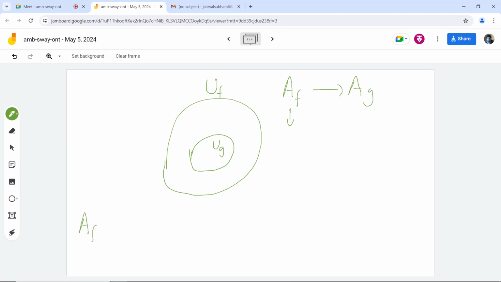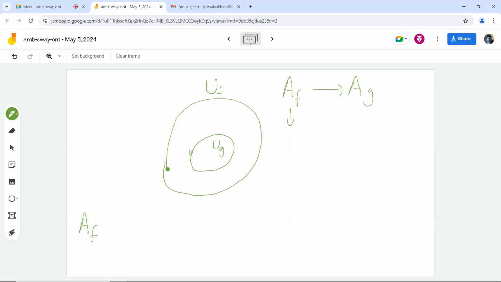So in a way AF is like sitting inside R. Well, it's not sitting inside R, but if suppose R was a domain, then you think about the fraction field, and AF, AG are all sitting inside the fraction field.